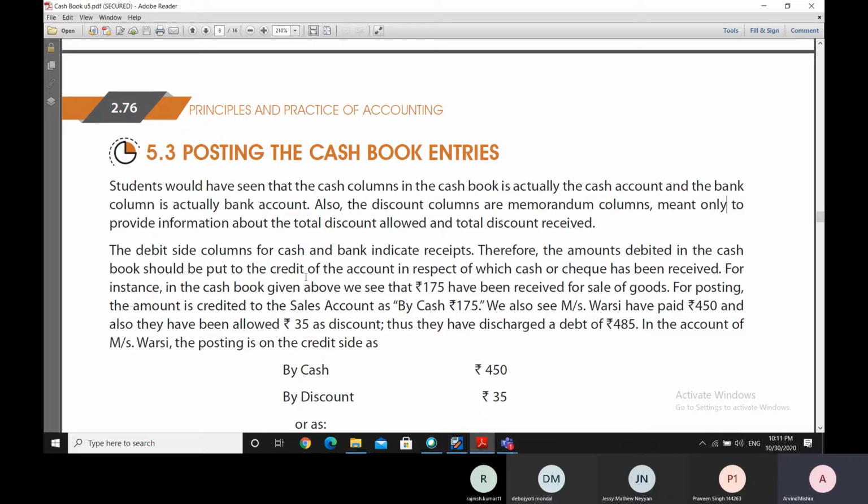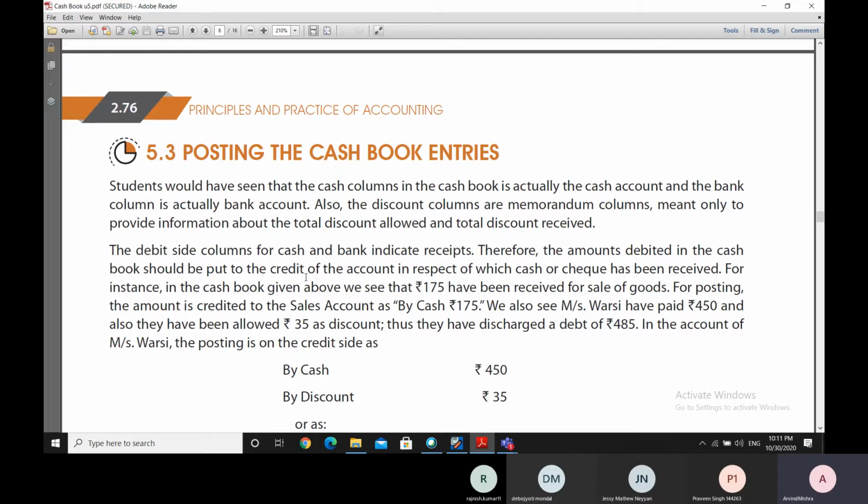Whenever we receive a check or cash, we receive it from somebody. So whomsoever has given us that cash or check, on one hand we debit the cash book because we have received it. On the other hand, we credit the account of that person who has given it to us.